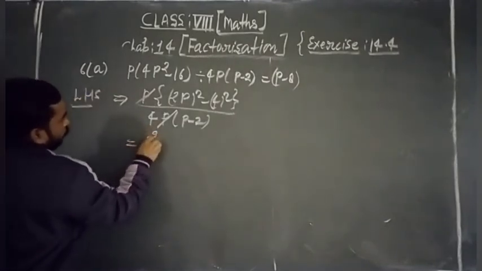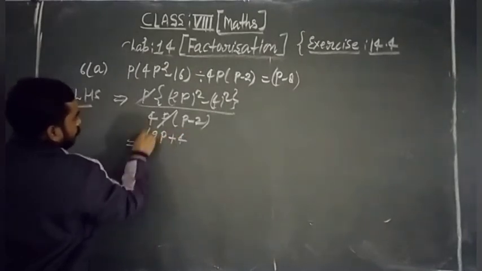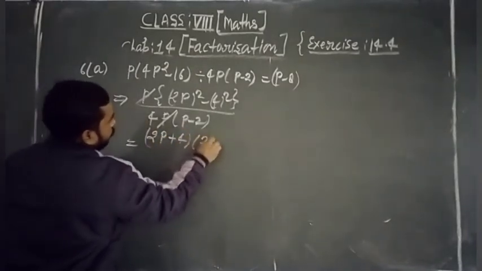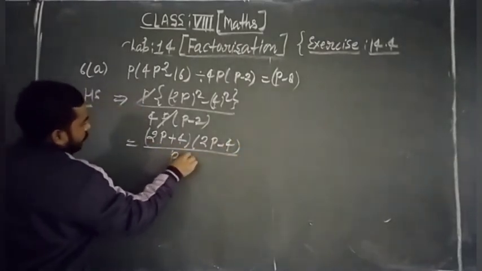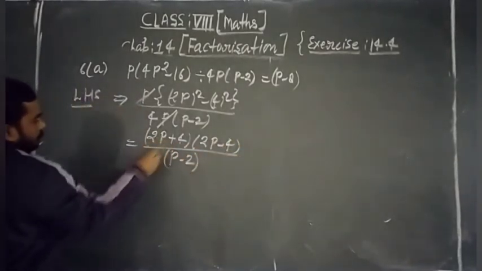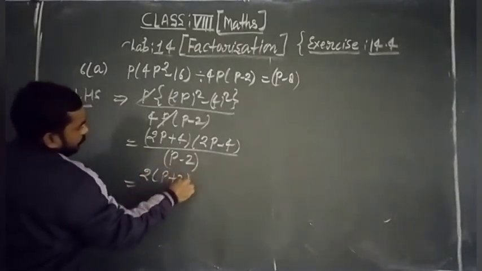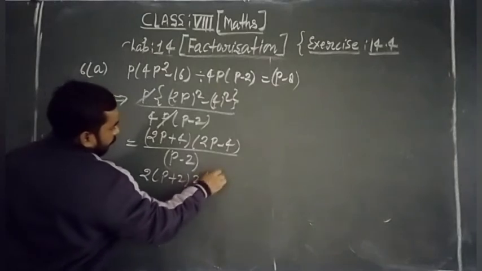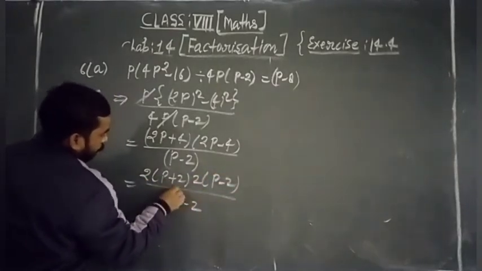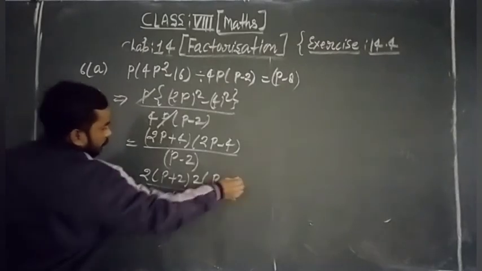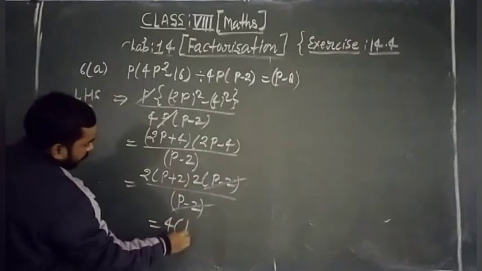Factors are 2p plus 4 and 2p minus 4, divided by p minus 2. 2 is common here, so we have p plus 2, and 2 is also common here, p minus 2, whole upon p minus 2. So p minus 2 divided by p minus 2, 2 times 2 is 4, so we have 4(p plus 2).